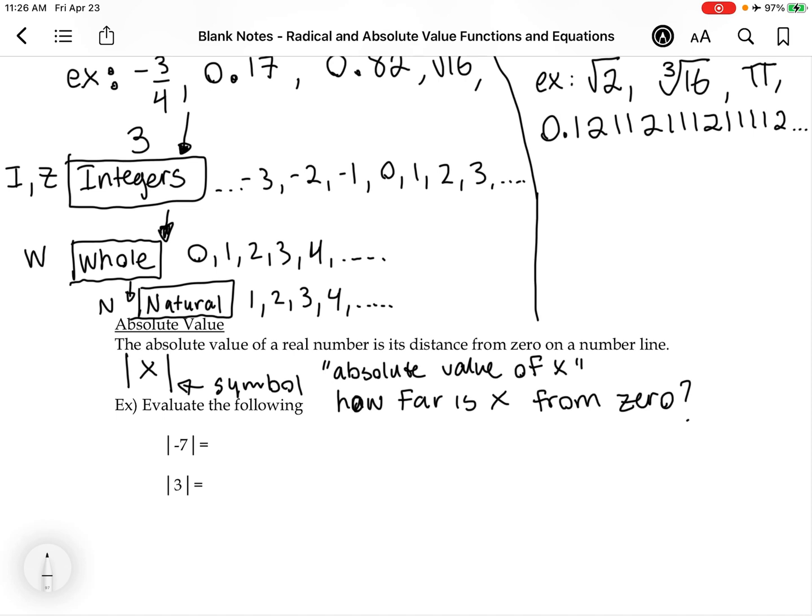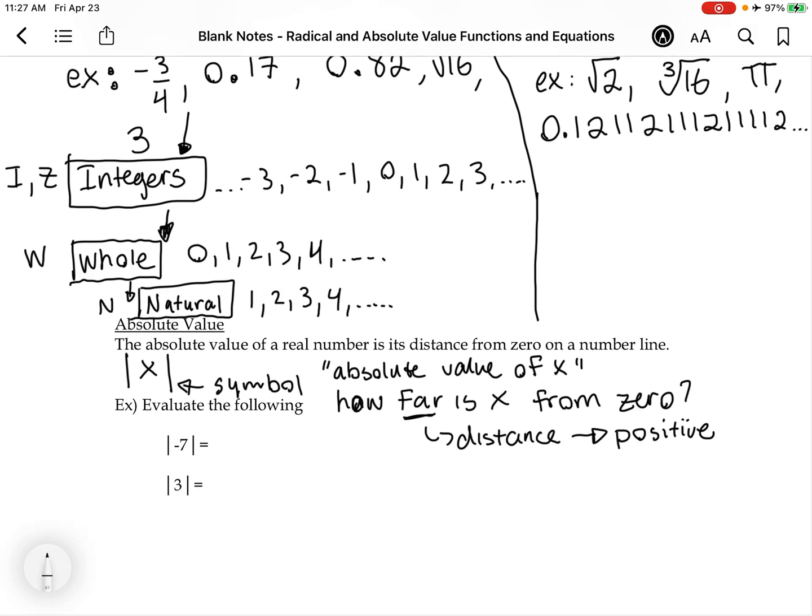Okay, now because we're talking about far, this is a distance, it must be positive. Okay, so absolute values are always positive because they are a distance from 0.